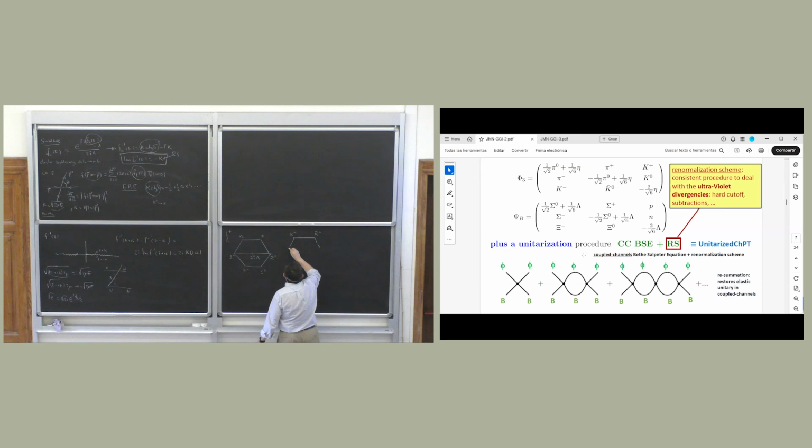Then I have the pi minus, the pi 0, the pi plus, here the K0, here the K plus, and here I have the eta meson. And there is a word that is very important: coupled channels.